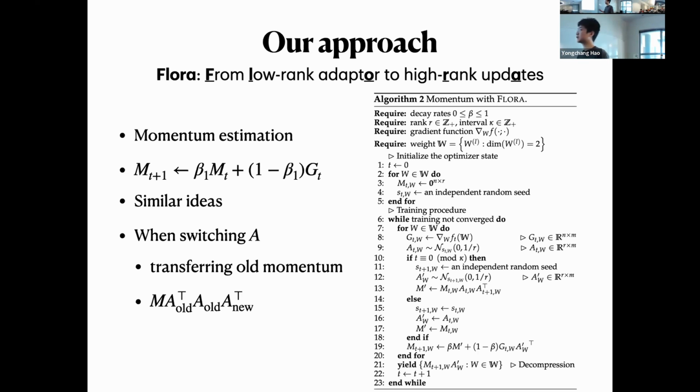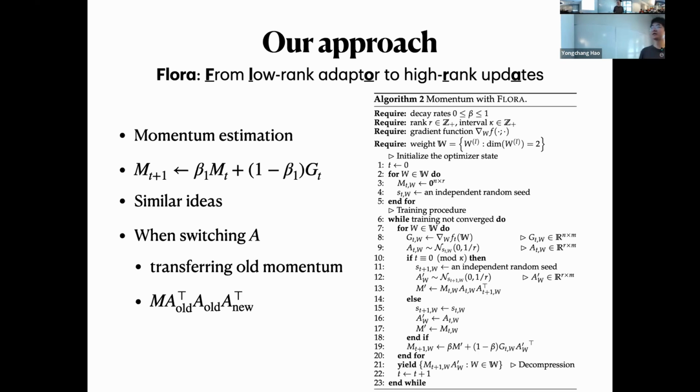If you just switch A without thinking, then for the next iteration not much information can be decompressed with the new projection matrix A, because you use different bases for the stored information and the decompressing information. So what we did is that we first decompress it with the old projection matrix and recompress it again. In this way, we transfer the old momentum information into the new one.